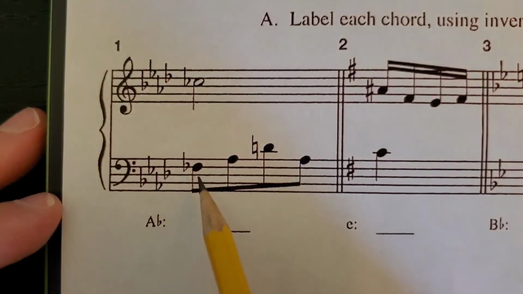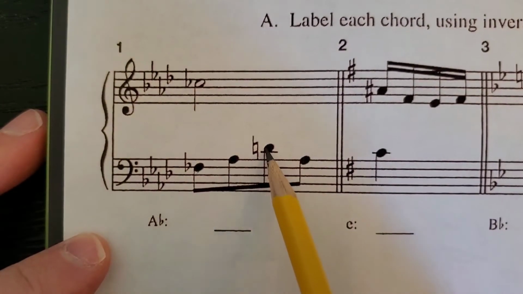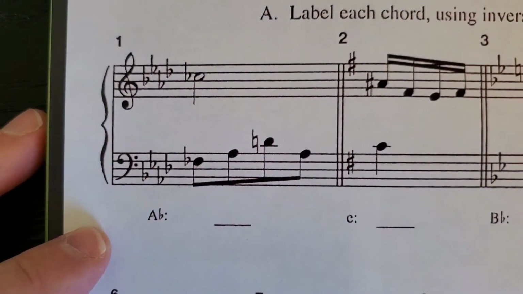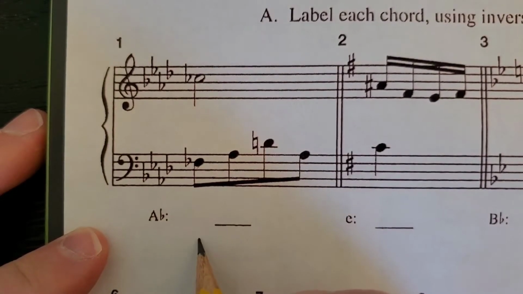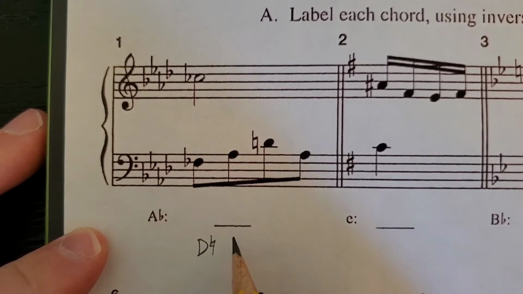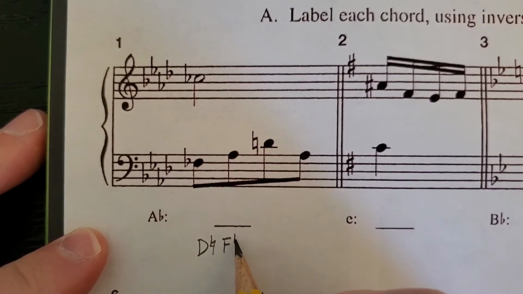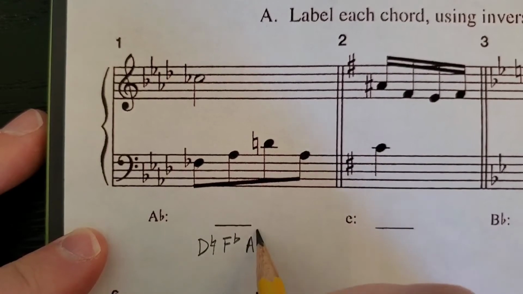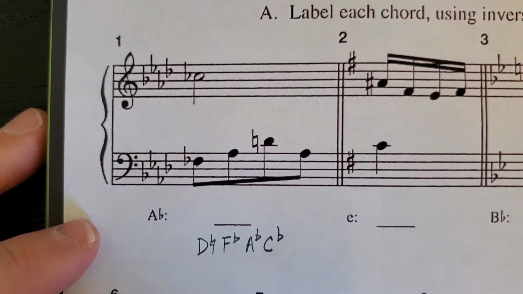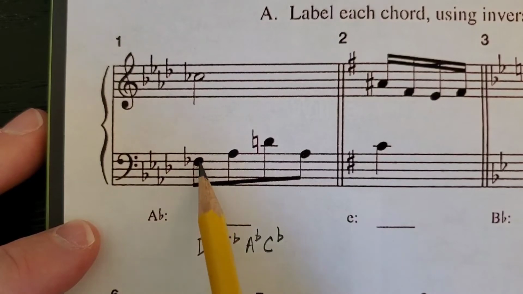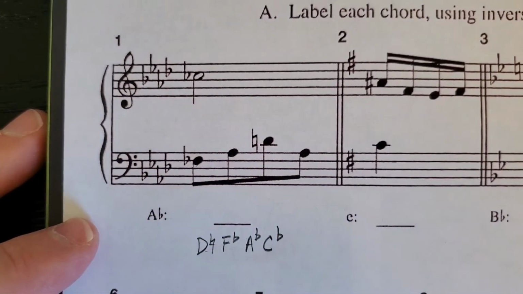So given these notes, F flat, A flat, D, and C flat, I'm going to attempt to stack them in thirds. So here's the D, here's the F, here's the A flat, here's the C flat. Now be careful, make sure that you have the appropriate accidentals. So it's D natural, F flat, A flat in the key signature, and C flat.